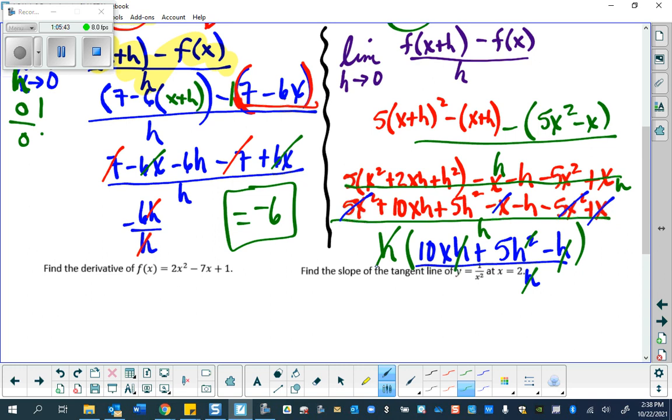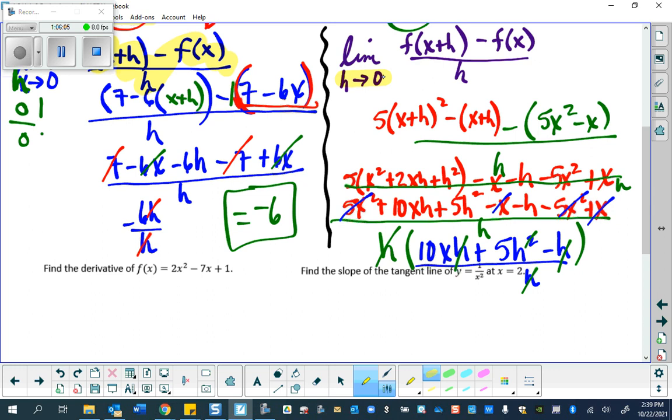Whoa. You okay? Hey, here's the really cool part. Wait, there's more. The whole part of this that was messy was when I put 0 in for h in my function. Oh, I got that indeterminate form.